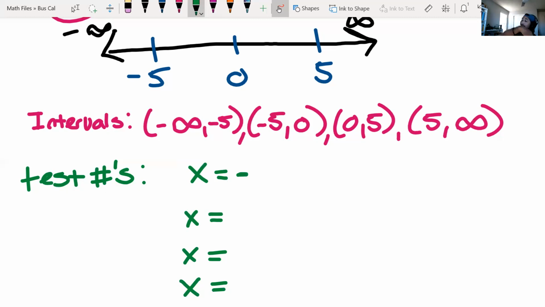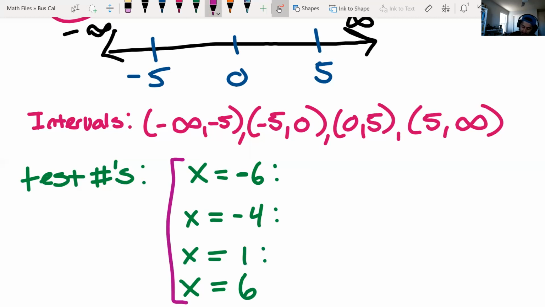Higher or lower? Lower. -4 would be in here. Oh yeah. -6. There you go. And then we could choose -4. Why not? 0 to 5. Give me a number. 1. And 5 to infinity. 6.